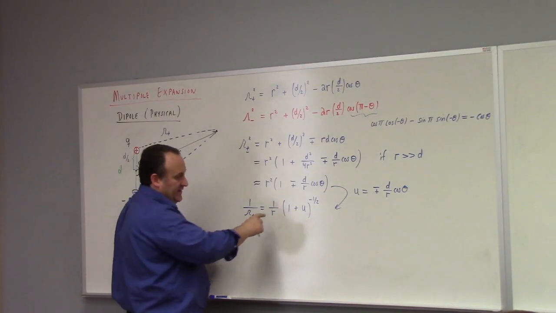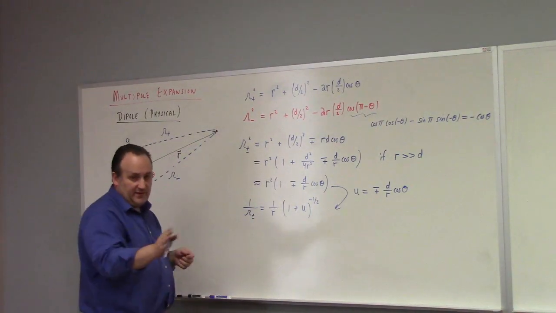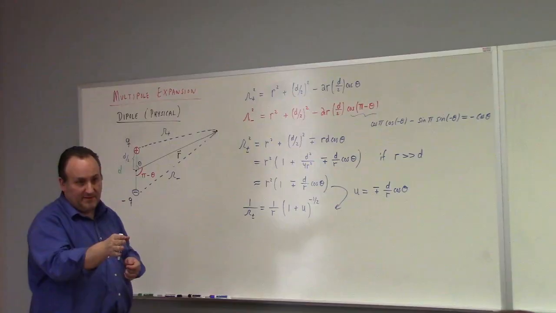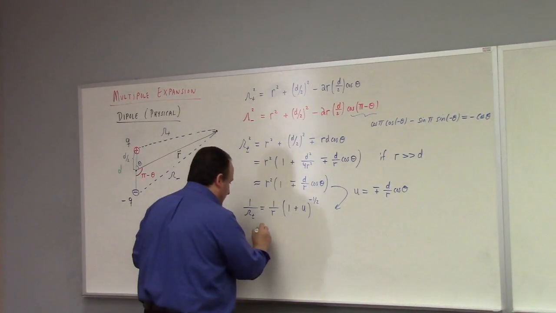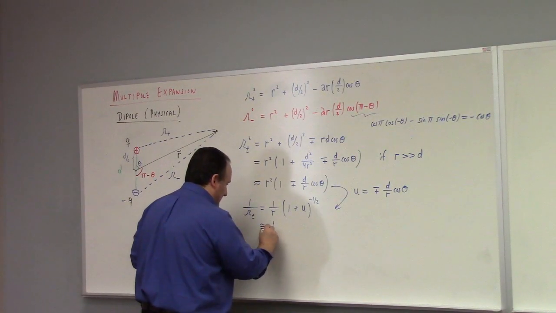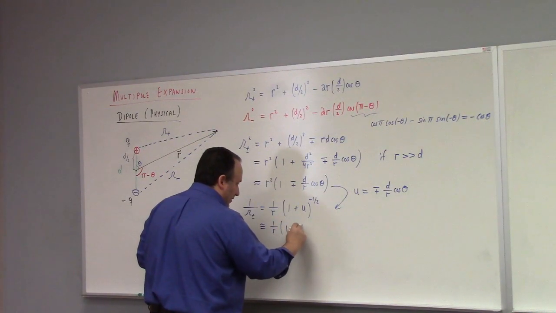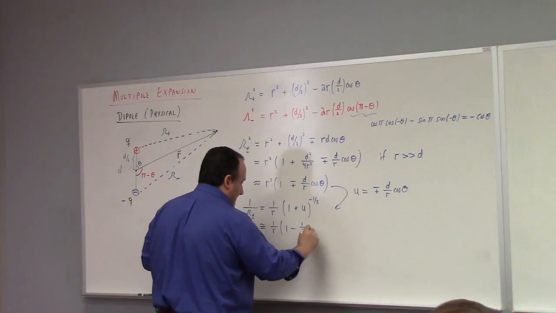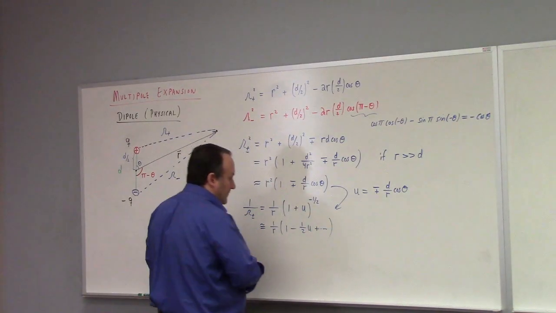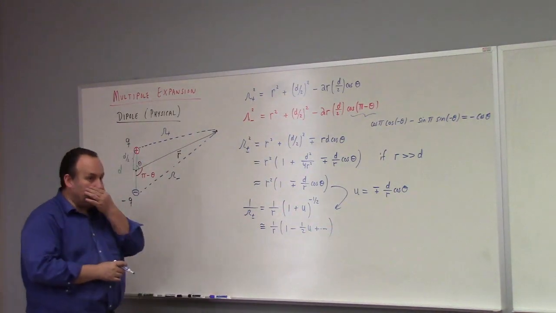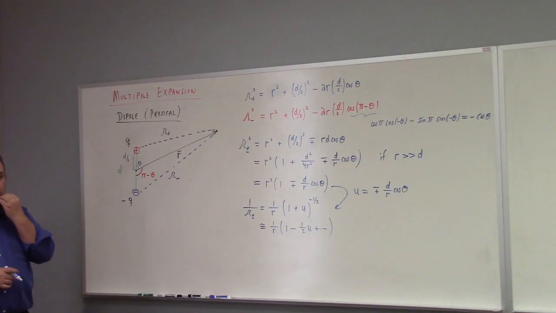But u is small, which makes what I'm about to do a very, very good approximation, because I can replace this with 1 minus 1/2 u plus stuff. That's the binomial series, just the first two terms.